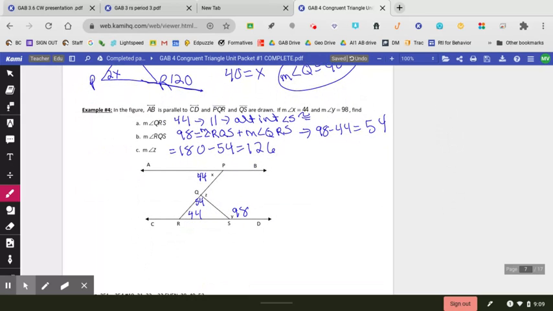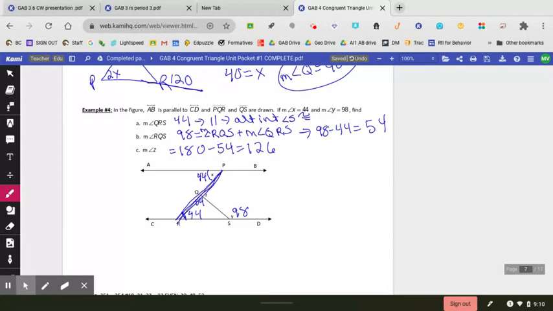Here, they gave me the diagram. So I labeled x as 44, because that's what they told me, and y is 98. Now when I'm looking for QRS, I know that x and QRS are congruent because AB is parallel to CD and PR would be a transversal. Therefore x and QRS are alternate interior angles, so it's 44.